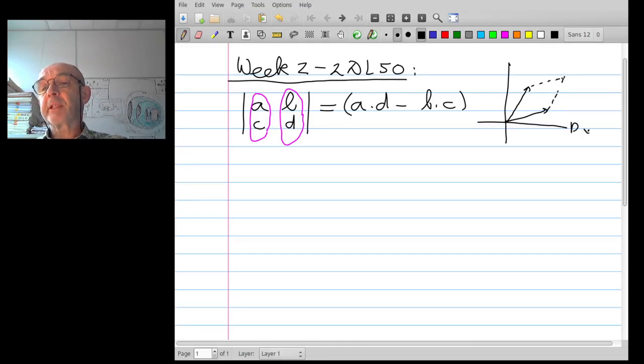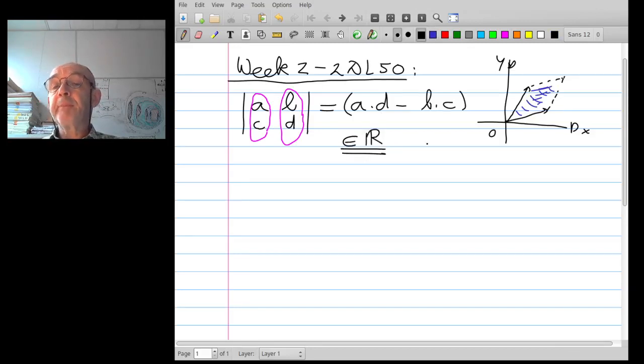So if you have your x and here your y and 0, then in a certain sense the area is determined. But be careful, you get some number here, and a determinant always gives you a number, and it can be positive, it can be negative.